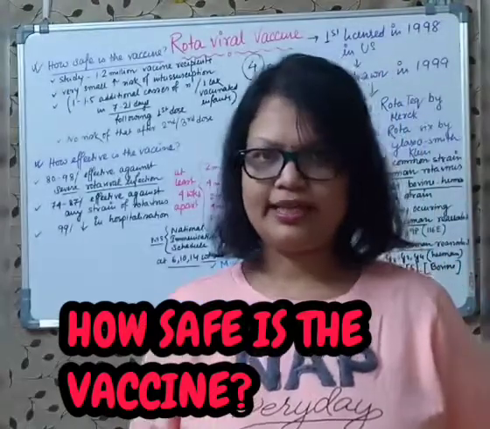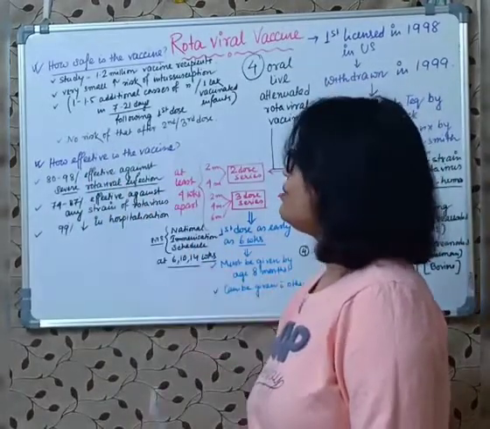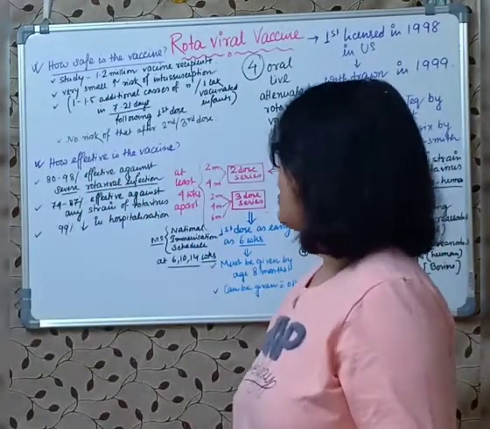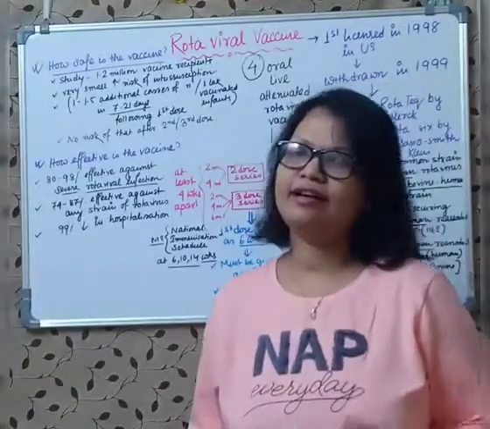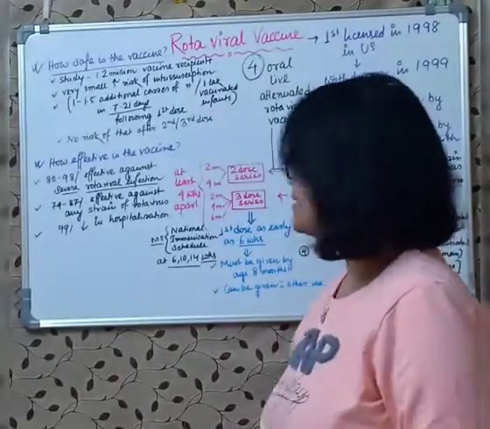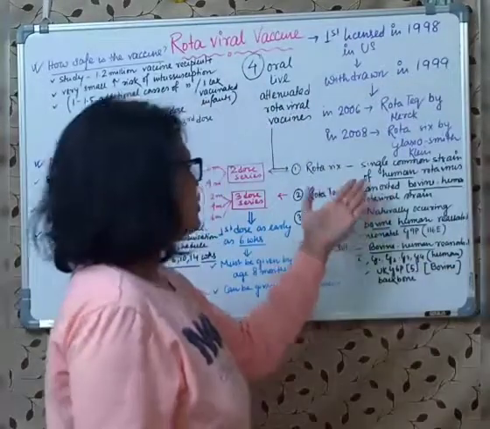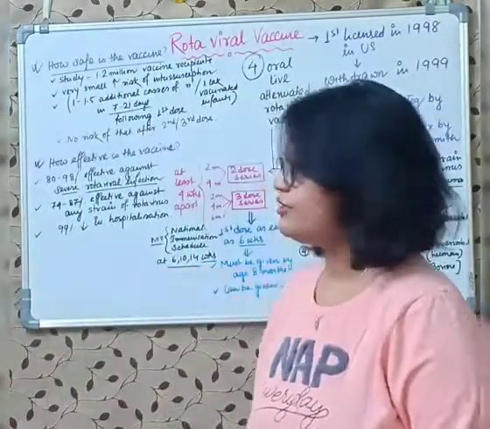But there was no such risk after the second or third dose. That means we can say that the vaccines, Rota-Risk and Rota-Tech, which are given nowadays, are safe for children.